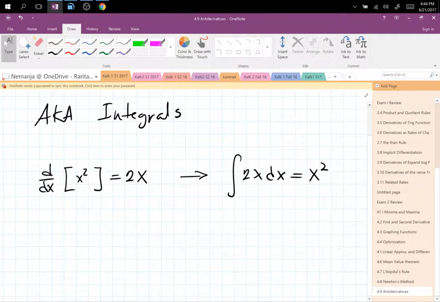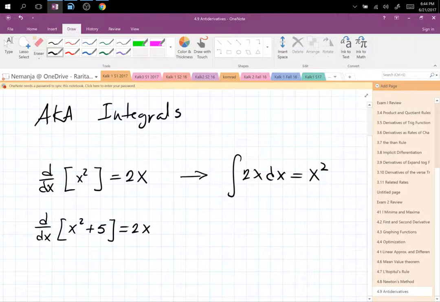But wait, the derivative of x squared plus 5 is also 2x, and that would say that the integral of 2x dx will return again x squared.